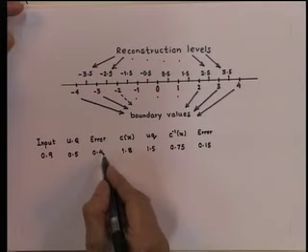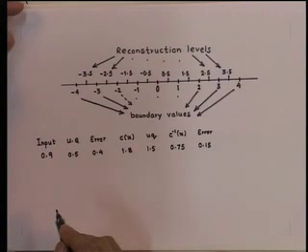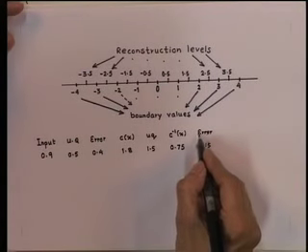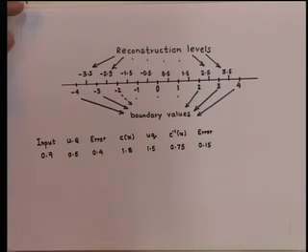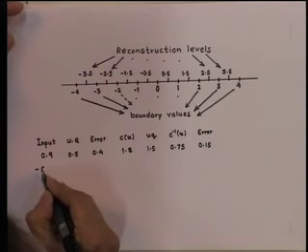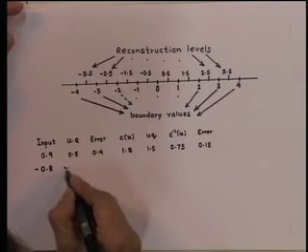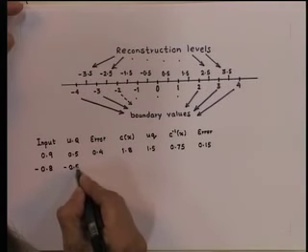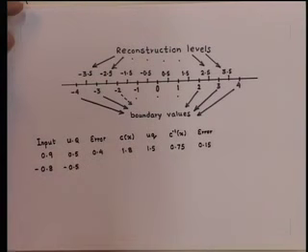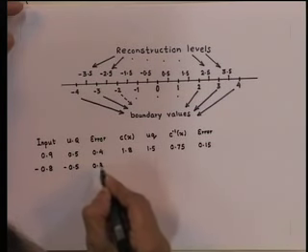So, we see that without the compander the error is 0.4, whereas with the compander the error is 0.15. Similarly, if we take minus 0.8, this would be quantized to minus 0.5 without the compander. So, the absolute error would be 0.3.